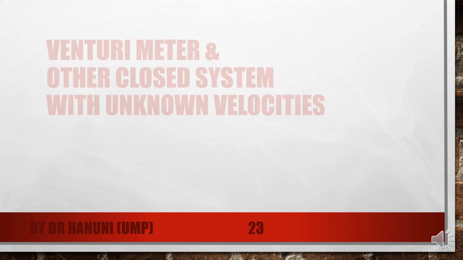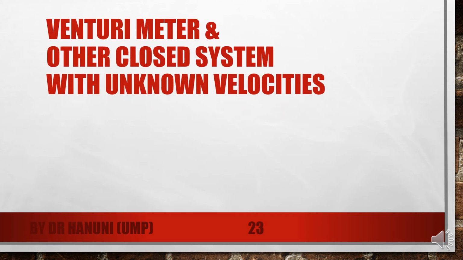Now we cover a special condition in which we use Bernoulli's equation in the Venturi meter and other closed systems where we don't know the velocity, in other words the velocity is unknown. Let's take a look at how we can solve it. This time I will straightaway give you examples so that it will be easier for you to understand the concept.